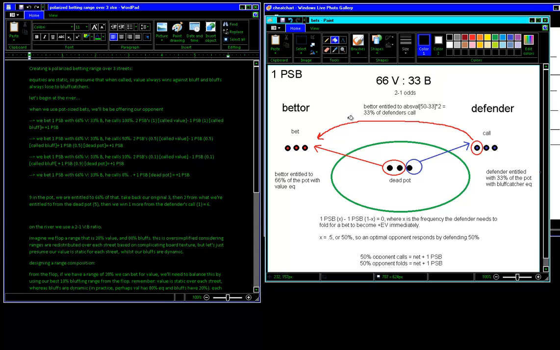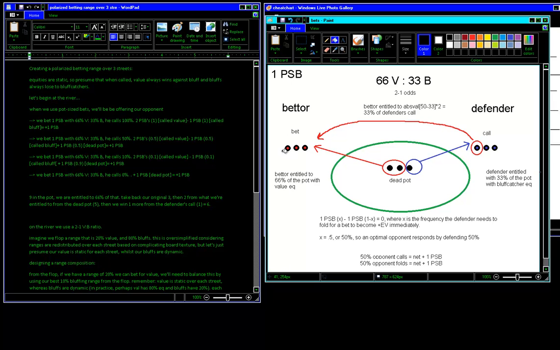So off the bat, we know that our betting range on the river is going to be comprised of 66% value and 33% bluffs. And I'll go into explaining the dead pot dynamic from there.